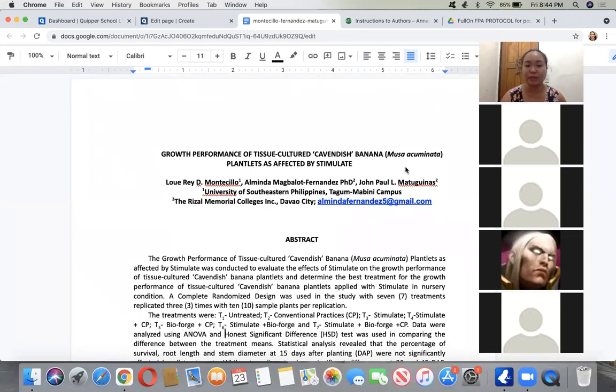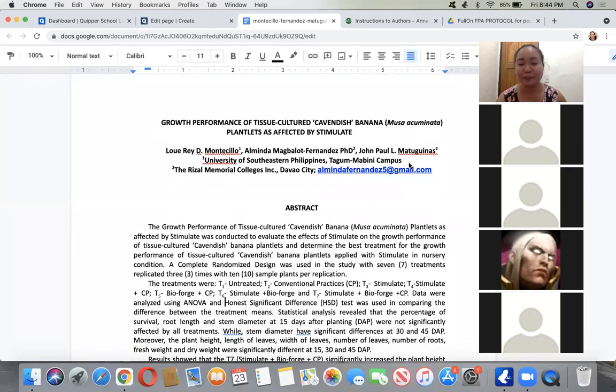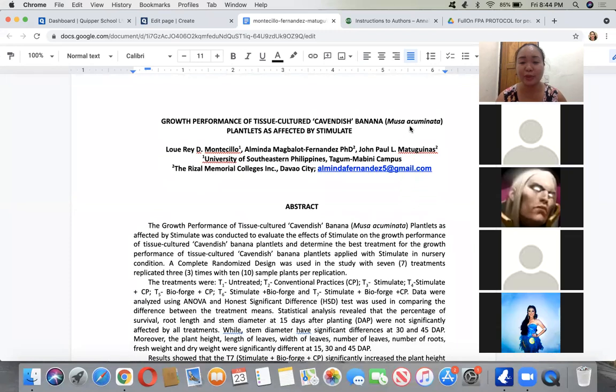Musa acuminata, Musa... Oh my God, I forgot. Can you help me? Musa acuminata, and what's the other cultivar? There is also Cavendish, but it's still under Musa acuminata. Balbisiana.